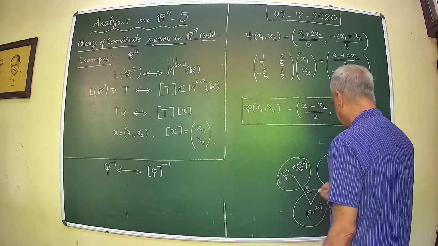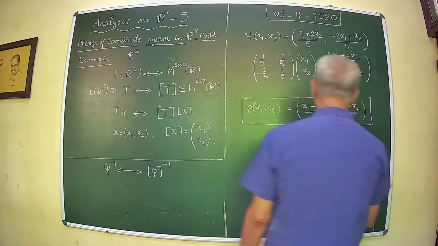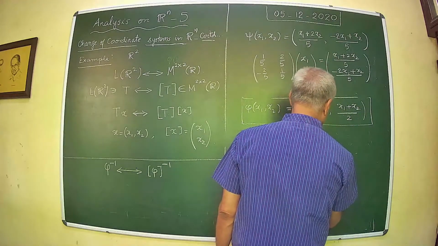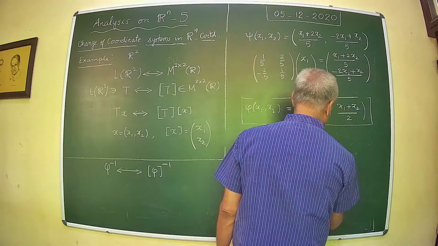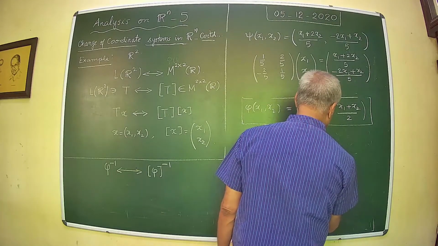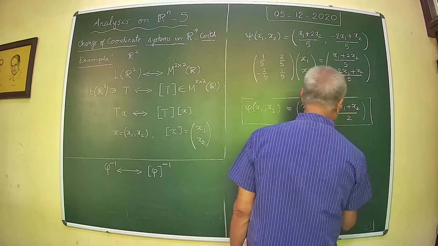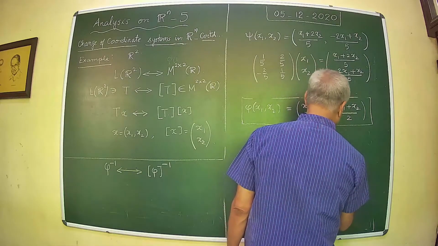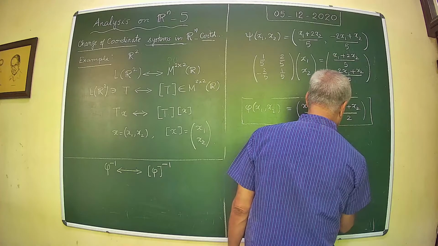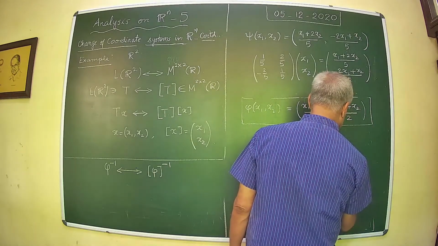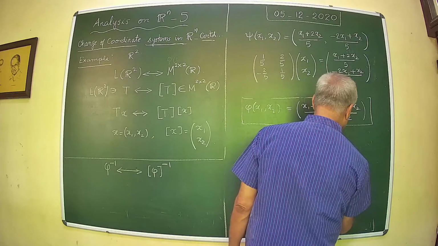Now I have here 2x1, x1 plus, minus 2x1 plus x2 by 1.